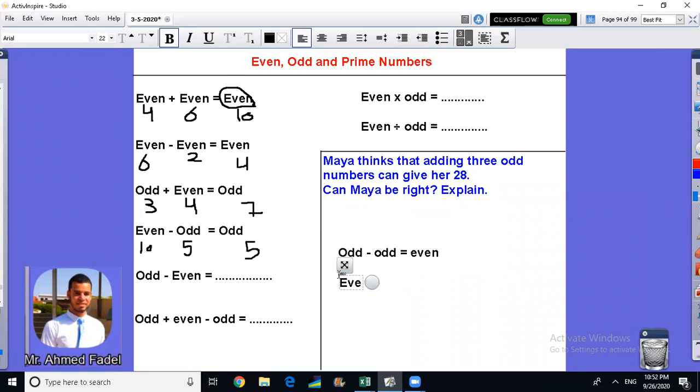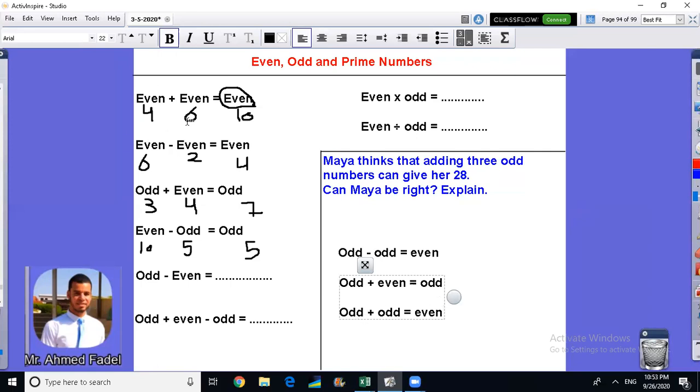Even minus even, we've done it here, is even. What about odd plus even? They're not the same. The answer is going to be odd. What about odd plus odd? They are the same, so it's going to be even. Same is going to give you even. Different is going to give you odd.